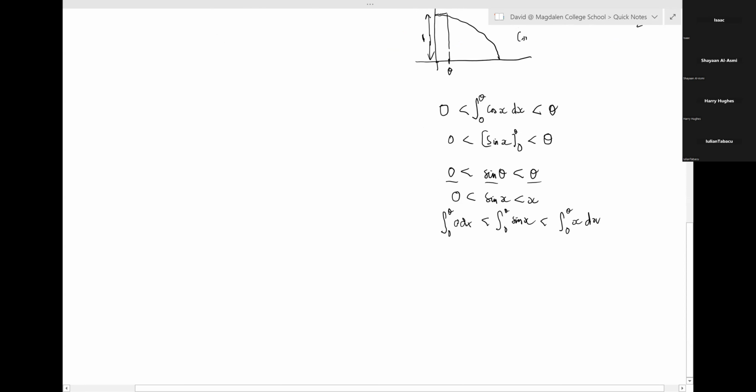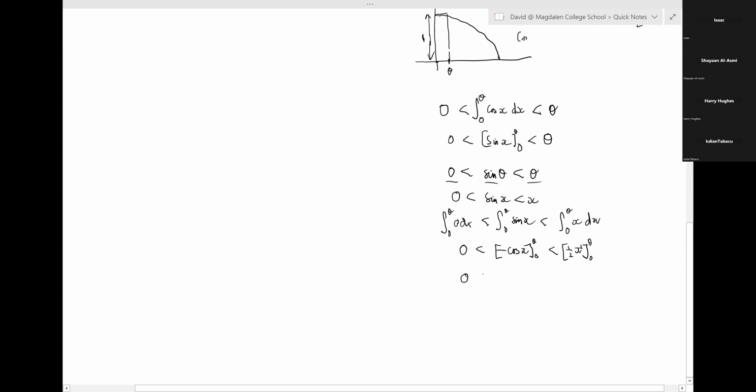Okay. And so now I get 0 is less than, right, the integral of sine theta is negative cos theta. So I get negative cos x, evaluated between naught and theta. And then the integral of x is half x squared, and I evaluate that between naught and theta.